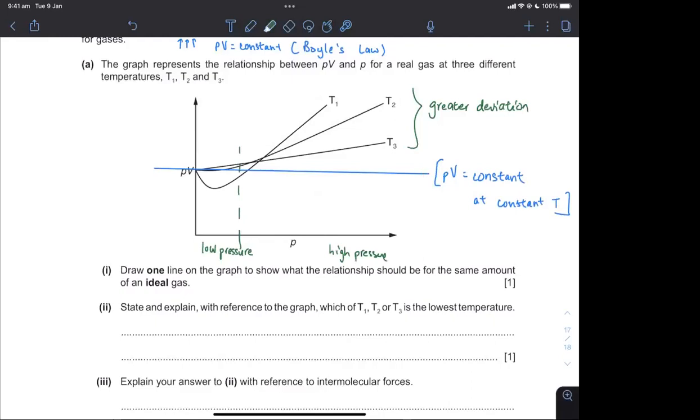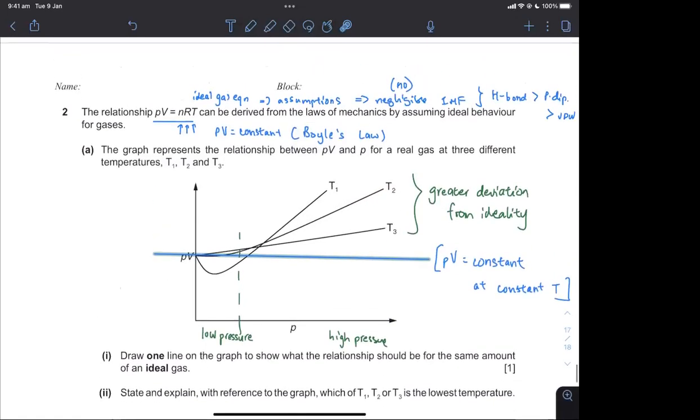They become less and less ideal as they follow this straight line less and less, because this one deviates quite far away. Actually, this deviates quite far away as well. So greater deviation from ideality as the pressure increases. Not too surprising: you increase pressure, you make the molecules closer together, you squeeze the particles closer together, therefore they will have less negligible intermolecular force, stronger intermolecular force, therefore less ideal there.